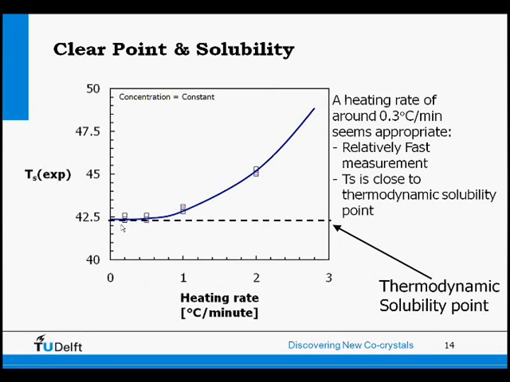So with a heating rate of around 0.3 degrees Celsius per minute, we have a relatively fast measurement, and our saturation temperature is close to the thermodynamic solubility point. So usually we use a heating rate of around 0.3 degrees Celsius per minute.